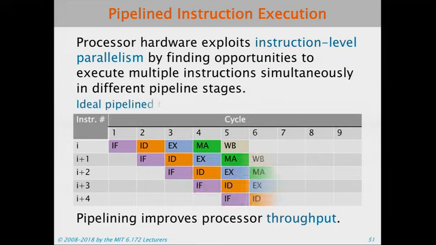So ideally, what you'd like is that you can start instruction 2 on cycle 2, instruction 3 on cycle 3, and so forth, and have 5 instructions. Once you get into the steady state, have 5 instructions executing all the time. That would be ideal, where each one takes just one cycle.